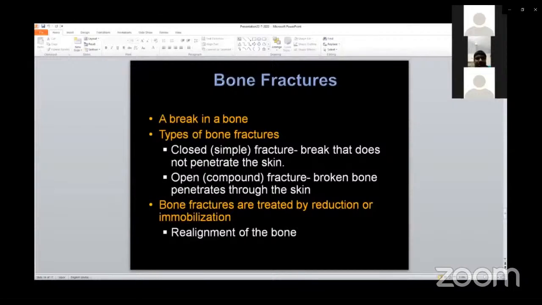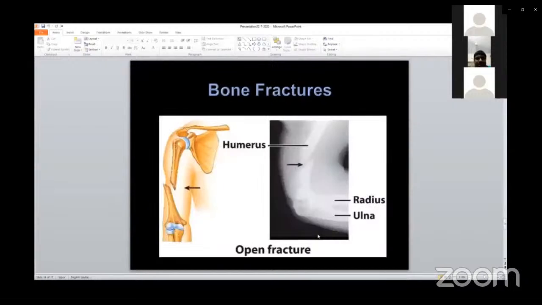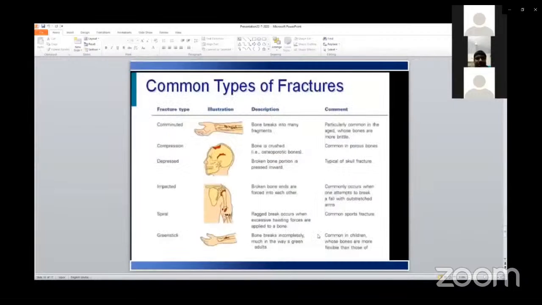The next topic is common types of fractures. Six fractures are mentioned here. The first one is comminuted fracture. Comminuted fracture means the bone is broken into many pieces, but it doesn't penetrate the skin, so it comes under closed fracture.